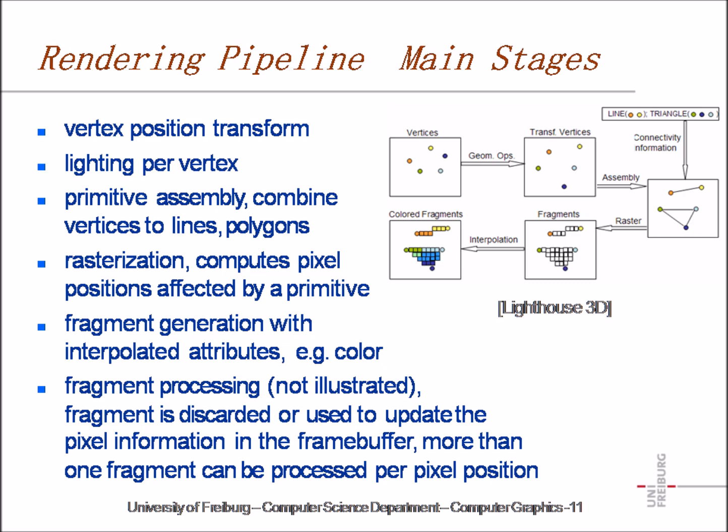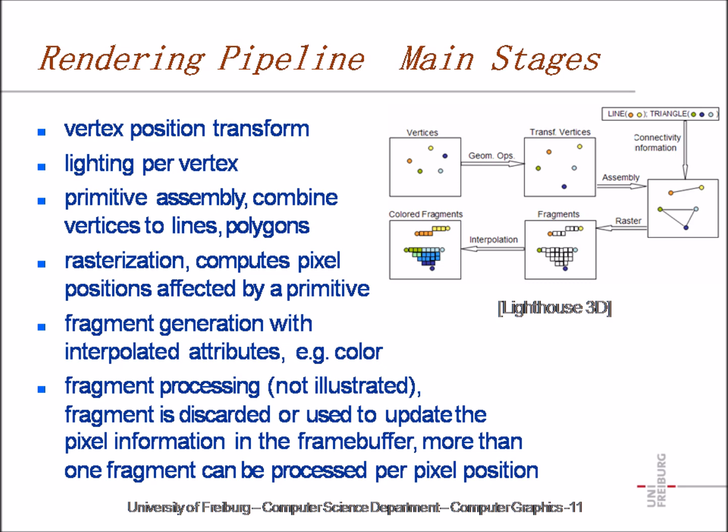After this, the rasterization process is started, which is used to compute pixel positions affected by a primitive in order to generate fragments. Then on these fragments, interpolation is applied to color the vertices or points, which you can see on the color fragments block.